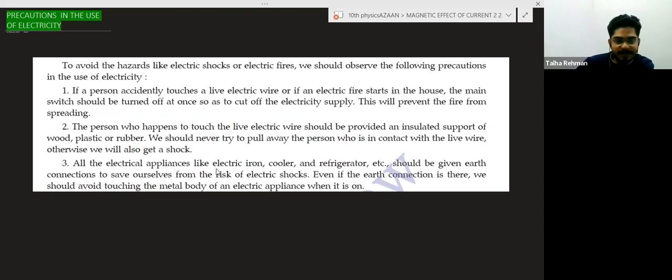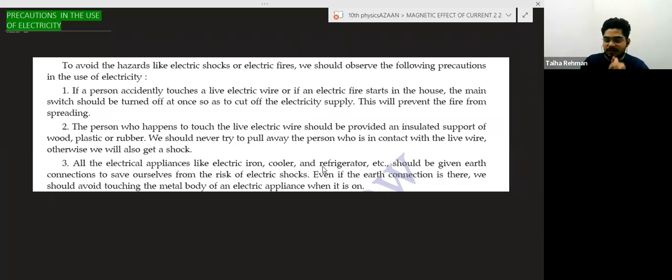All electrical appliances like electric iron, cooler, refrigerator should have an earth connection to save ourselves from the risk of electric shock. Even if the earth connection is there, we should avoid touching the metal body of the electric appliances when it is on. So basically in appliances like electric iron, cooler and refrigerator, sometimes we get electric shock, and the reason is that those devices are not earthed.